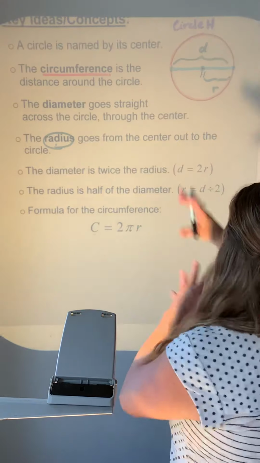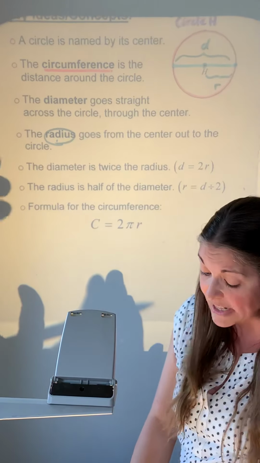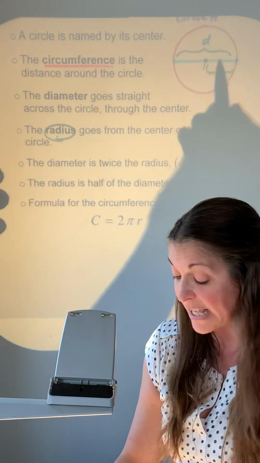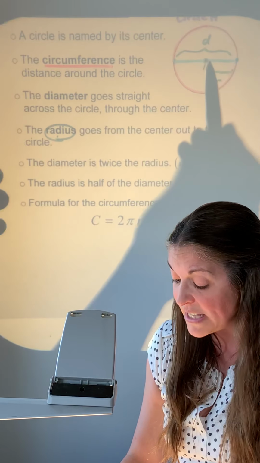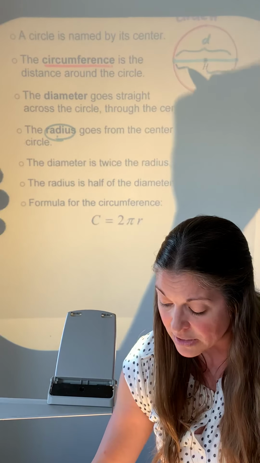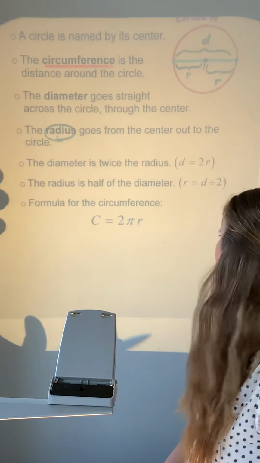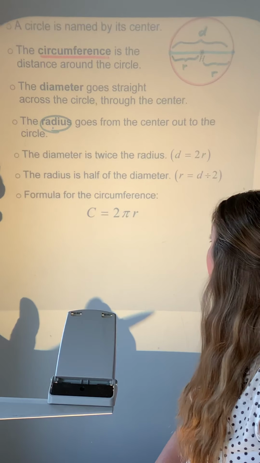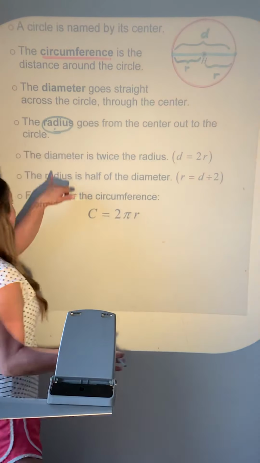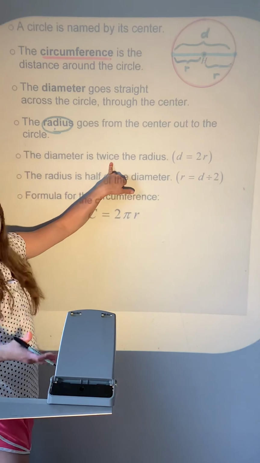If the radius is from the center out, then over here is also the amount of the radius, and that gives us our first comparison between the diameter and the radius: the diameter is twice the radius.